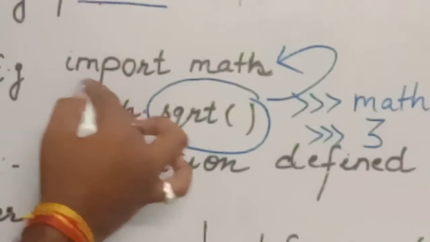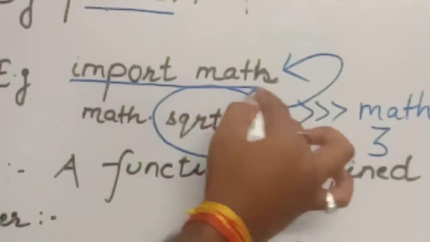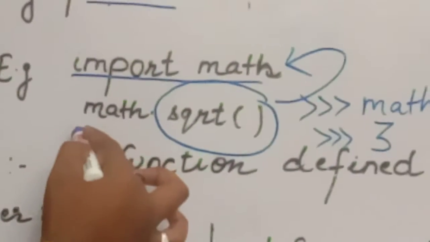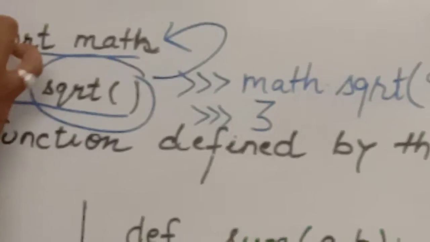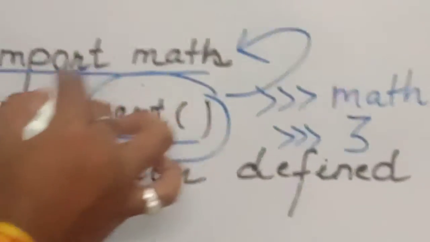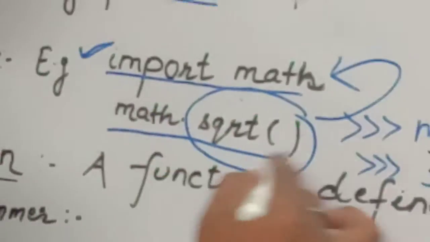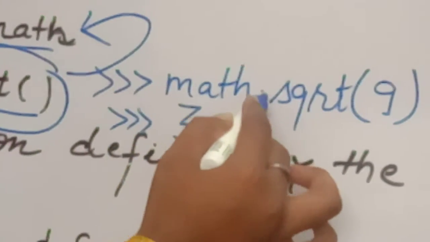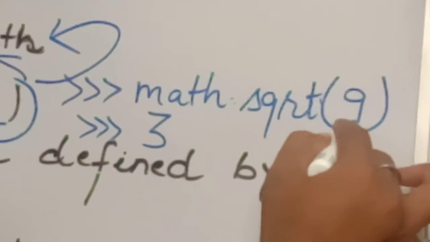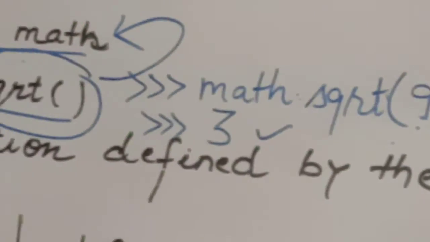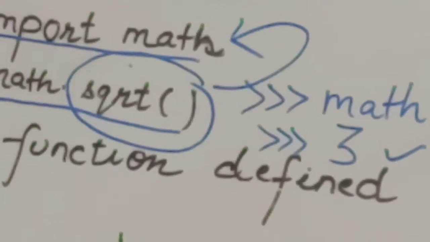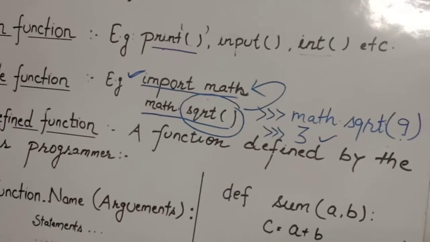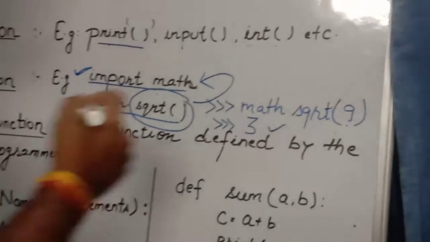This statement we have to write in our Python shell, then the line will be executed, otherwise not. First of all you have to import math. Then if we write math.sqrt(9), your output will be 3. It means this function calculates the square root of any number. Got it?